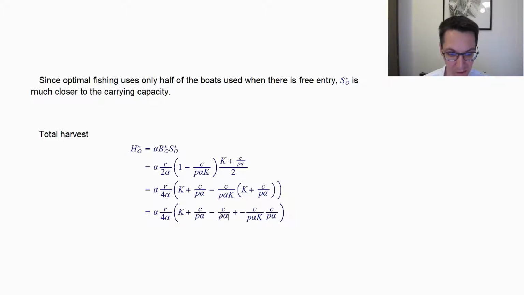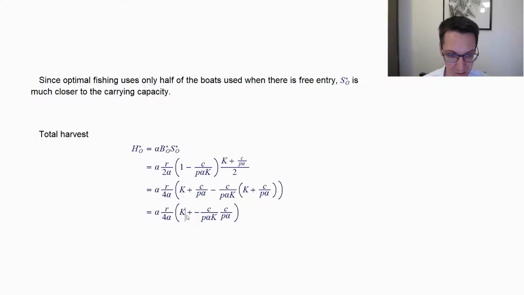C over P alpha minus C over P alpha is 0. Here I have a minus. And why don't we multiply by K in front and divide by K inside? So we get 1, and then we have K here. As you can see, we have basically a difference of squares, so let's just keep it as a difference of squares. And here alpha will cancel with alpha at the denominator. So this is just squared.